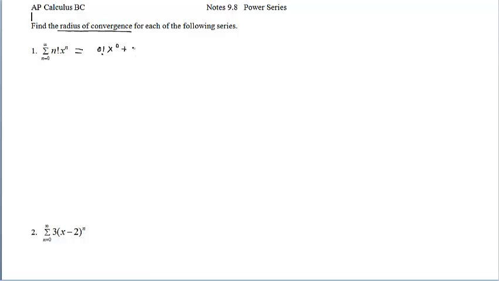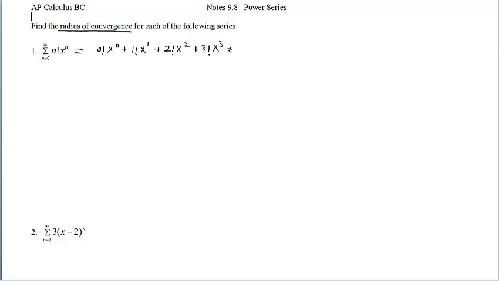When n is 1, we have 1 factorial times x to the first power. When n equals 2, etc. It's just good to see the structure of the power series.